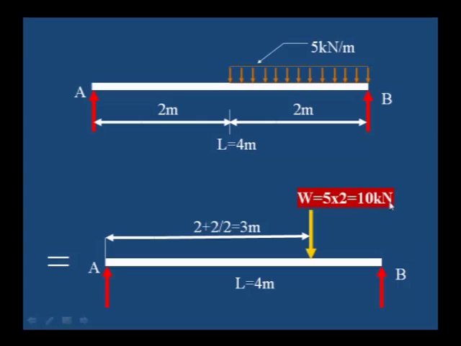This 10 kilonewton acts at half of this 2 meter, the center of this 2 meter, that is 2 divided by 2, 1 meter from B. Or from A, 2 meter plus 1 meter, that is 3 meter from A, or 1 meter from B.